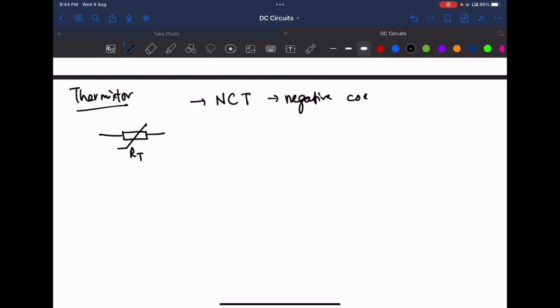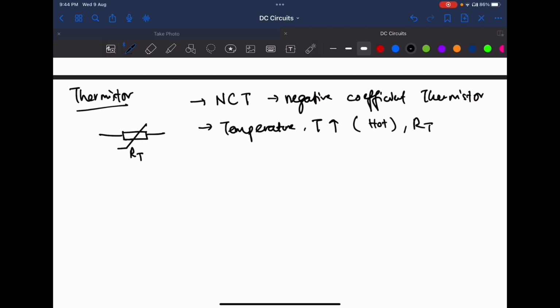Now, what does that mean? When the temperature T increases, that means when it's hot, the resistance of the thermistor becomes low. When the temperature T becomes low, that means when it's cold, the resistance of the thermistor is higher.